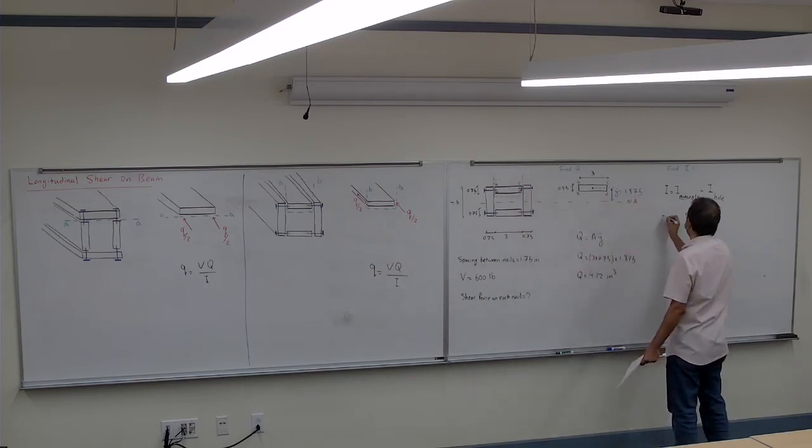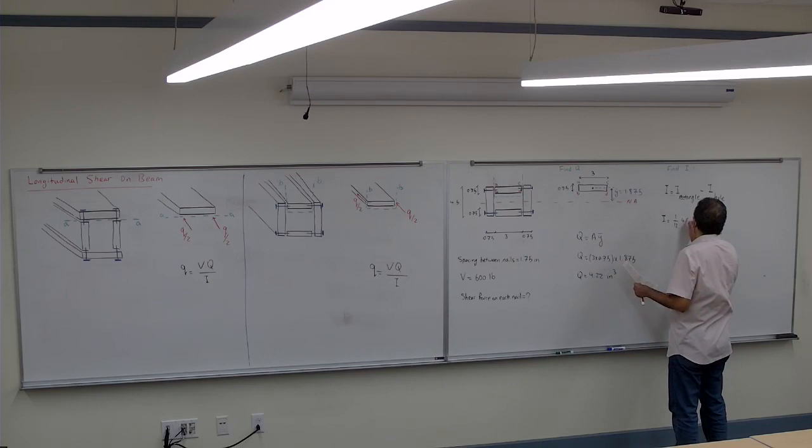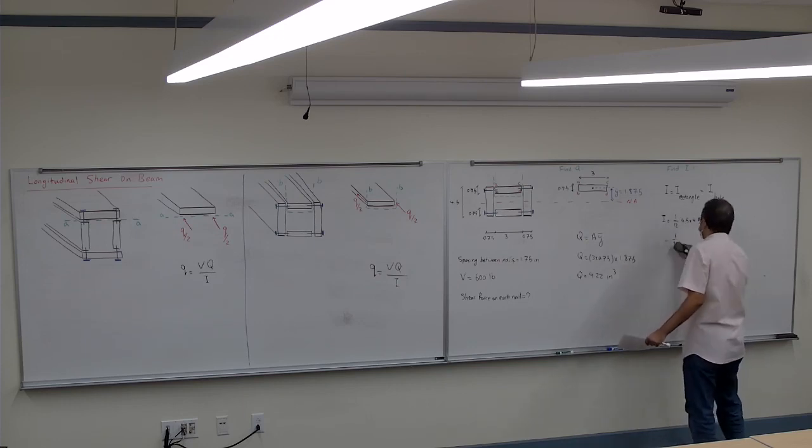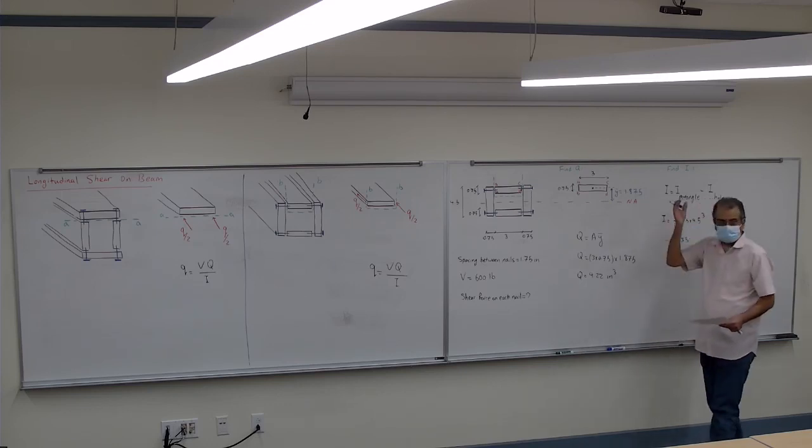But it's easier this way, so it's going to be 1/12 of B, which is 4.5, times 4.5 the height cubed, minus 1/12 of the hole, which is 3.5, BH cubed, correct?